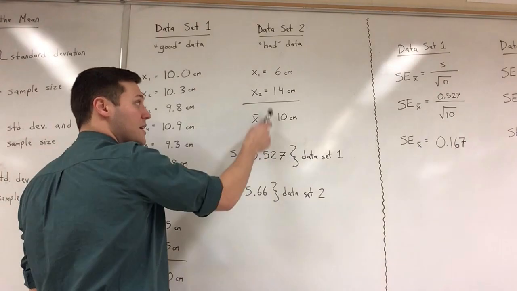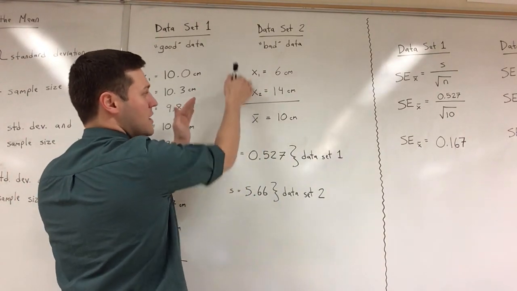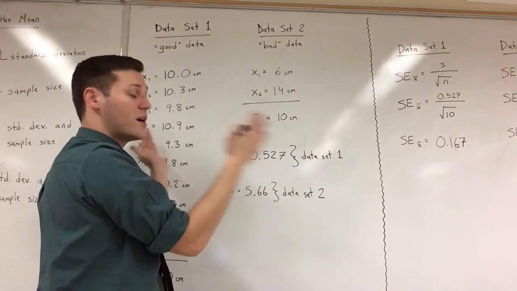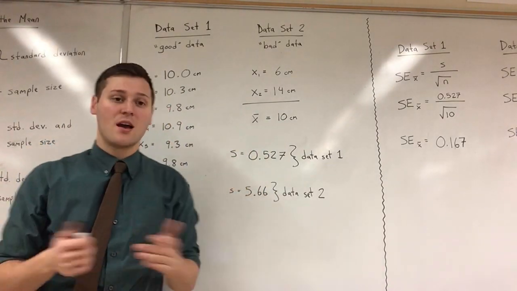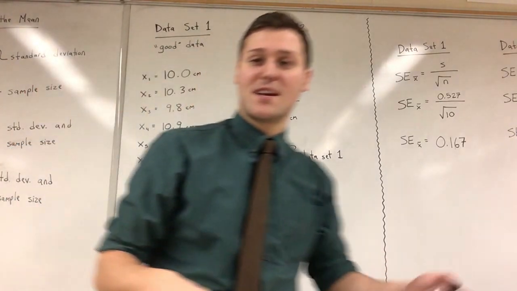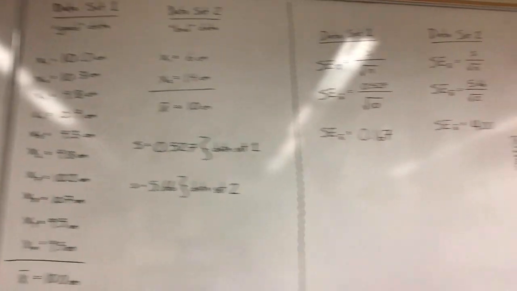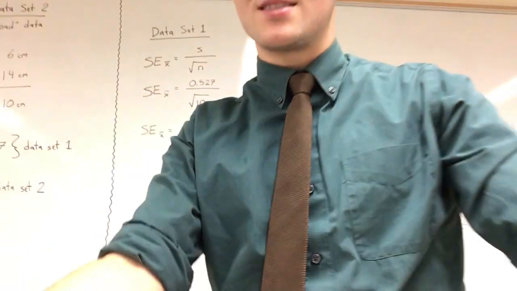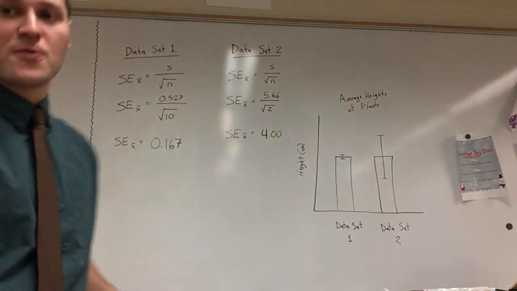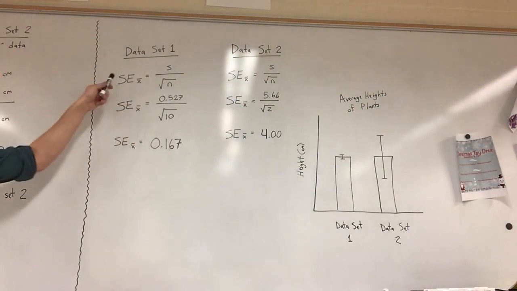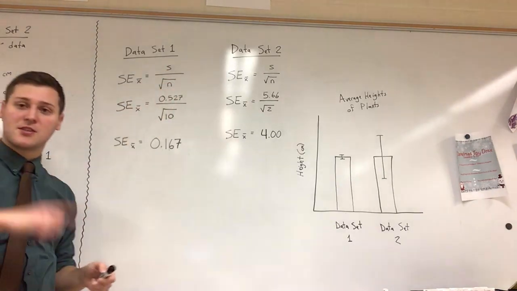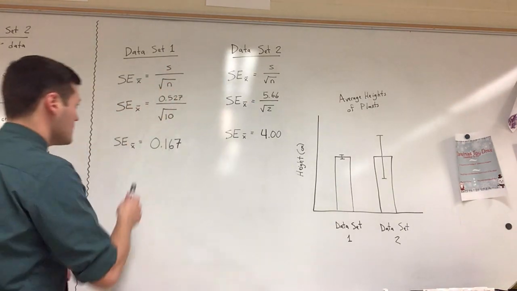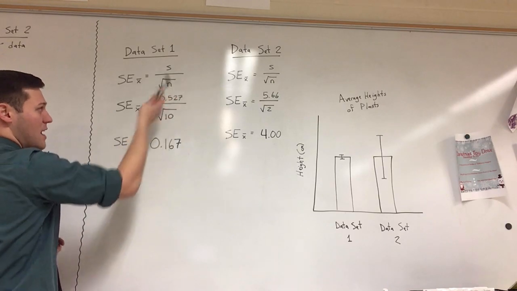And then for here, our 2 data points deviate from 10 centimeters quite a bit. So our standard deviation is 5.66. Now, let's further take this and decide on the standard error between the 2 data sets. So for data set 1, the standard error of the mean is equal to the standard deviation over the square root of your sample size.